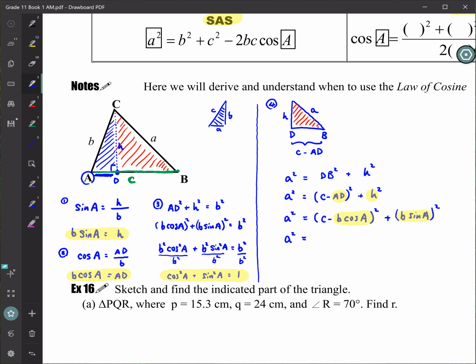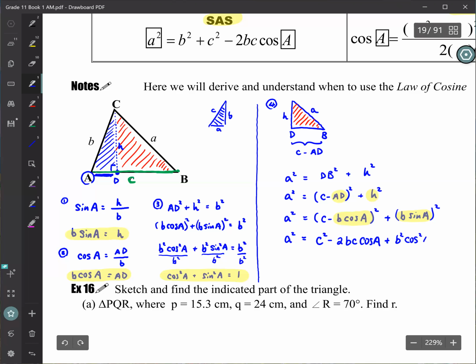Square the bracket, you need to do the FOIL. So square the first, minus, you need to double the two things multiply. So BC cosine A, and then plus B cosine A squared. So it'll be B squared cosine square A.